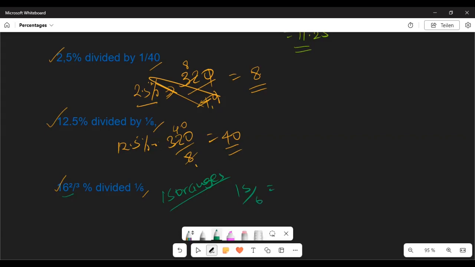What do you get? And that should be your answer. So 3 goes here 5 times. So you can see that gives you 2.5. So 2 oranges and a half will be 16.67% of that.